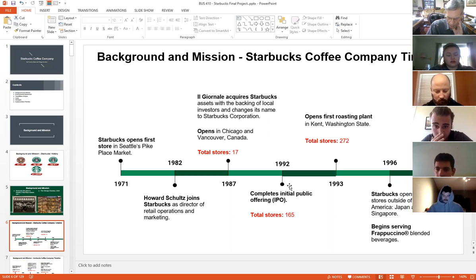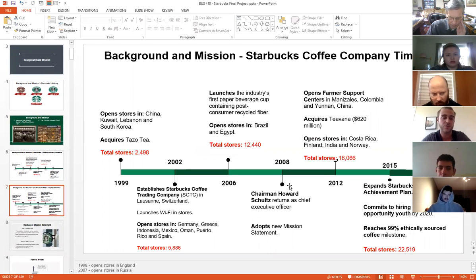And then in 1993, the company opened its first roasting plant. In 1996, it opened the first store outside of North America in Japan, and it started serving Frappuccino, which accounts for a large part of the revenue for the company. In 1999, it opened the first store in China, and it acquired the first tea company, which plays an important role for Starbucks.